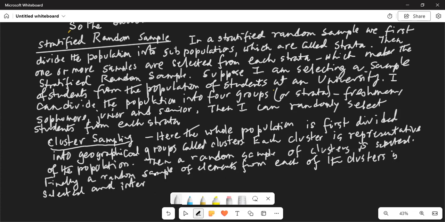On the other hand, in a cluster sampling, we divide the population into clusters, but we then randomly select some of the clusters and interview randomly members in the selected cluster, okay? So that is the difference.